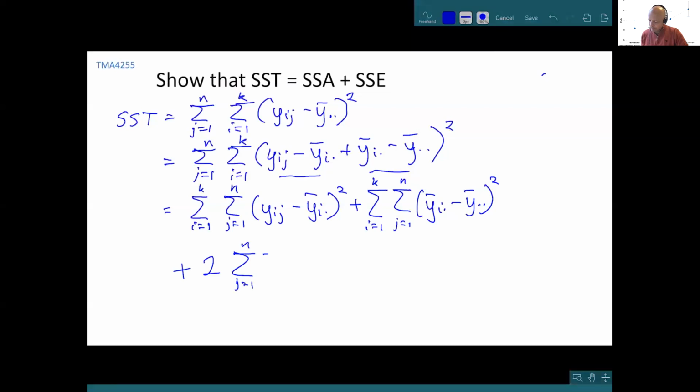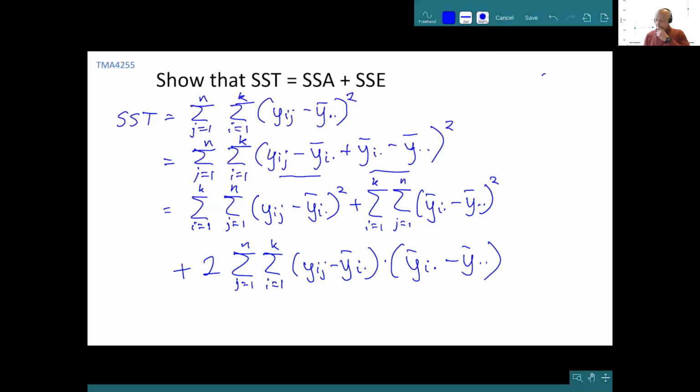Sum j from 1 to n, i from 1 to k. And now we need the cross term. So this is the first part, the difference within group, times the difference like this. And this part, what is this?